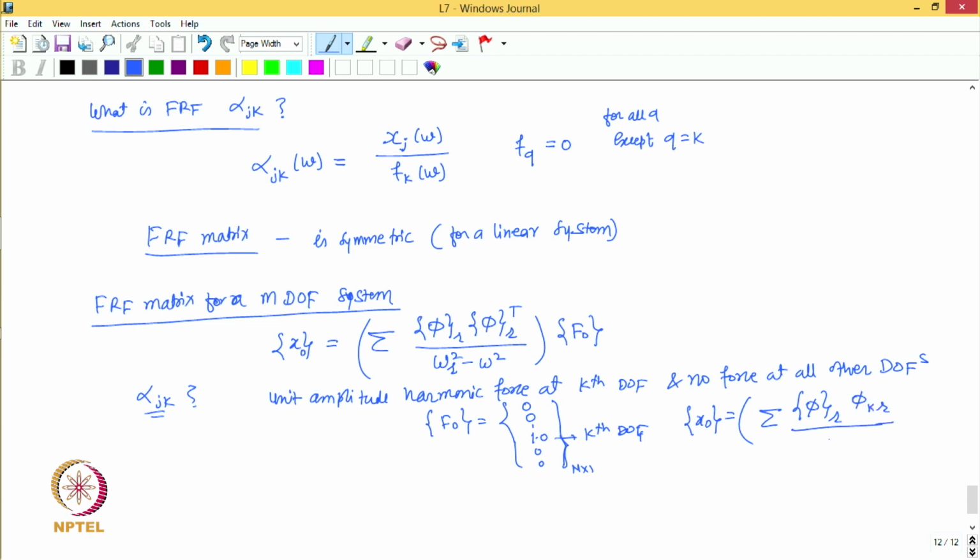So we will simply have phi kr over omega r square minus omega square, with r varying from 1 to n. So this gives us the response at all the n dfs, but our interest lies in knowing the steady state response amplitude at only the jth df. So therefore we need to just pick the jth element of this vector x naught in order to find the FRF, right.